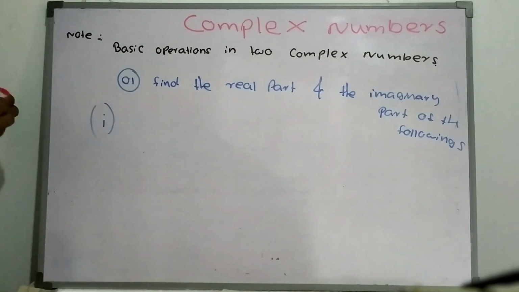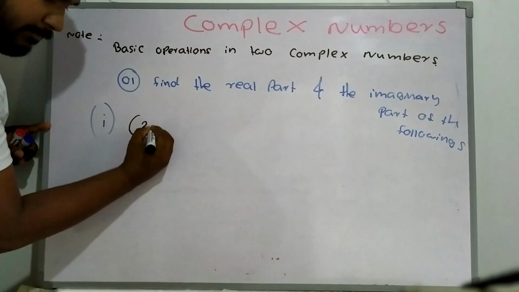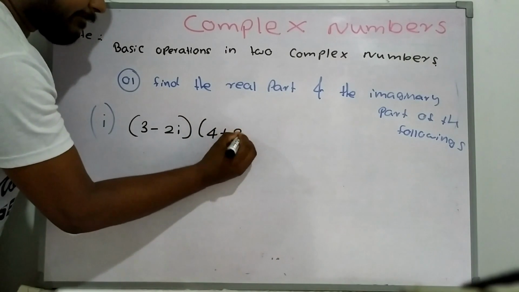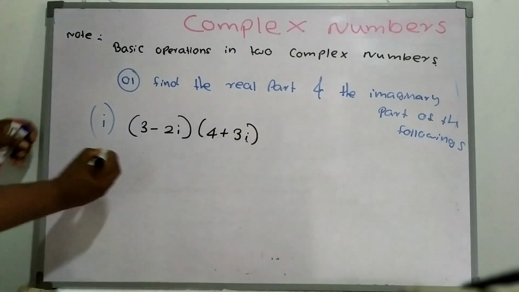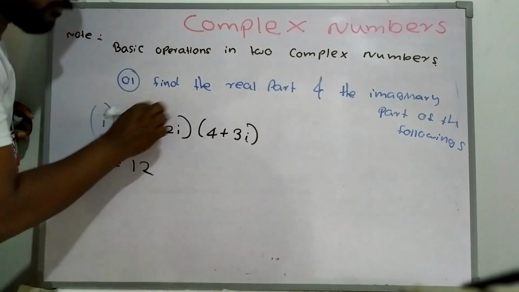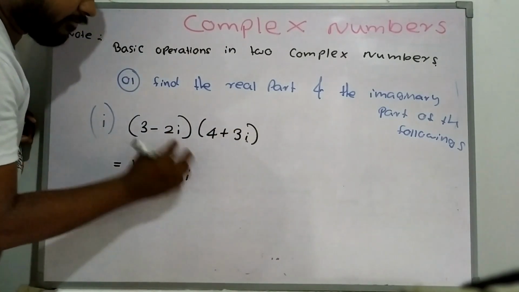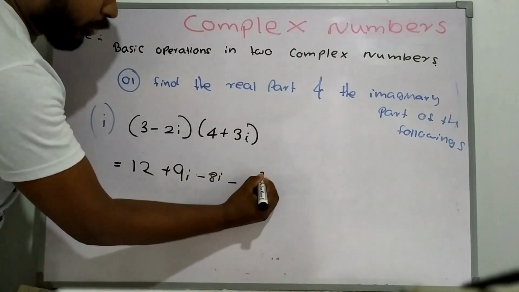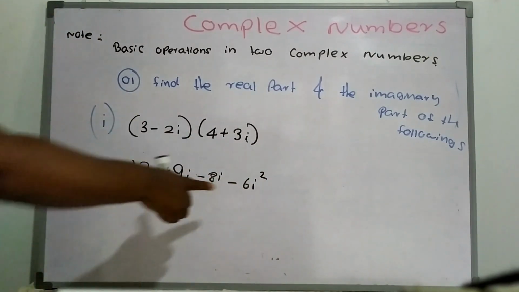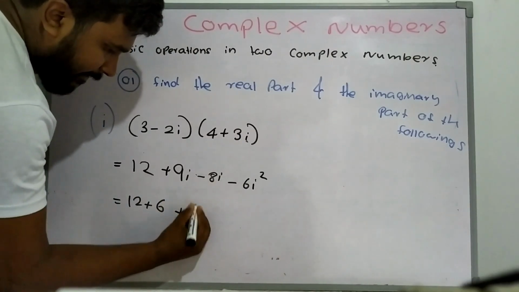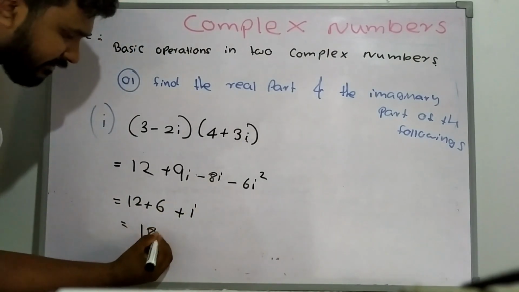First: 3 minus 2i times 4 plus 3i. Right, we can multiply these two: 12 plus 9i minus 8i minus 6i squared. I squared means minus 1, so this is plus 6. 12 plus 6 plus i. This is 18 plus i.